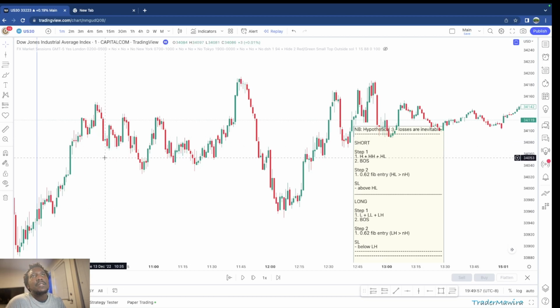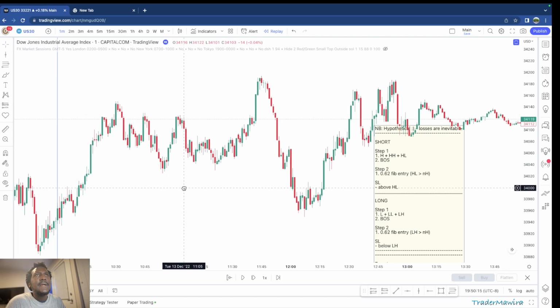We have a low, a lower low, and okay, this was a good one, but we have a low and a lower low and a higher low and a breaking structure right here. But I like it when we break the structure that's in between the low and the lower low, so no trade. Looking at this, we have a high and a higher high and a higher low, and we break.